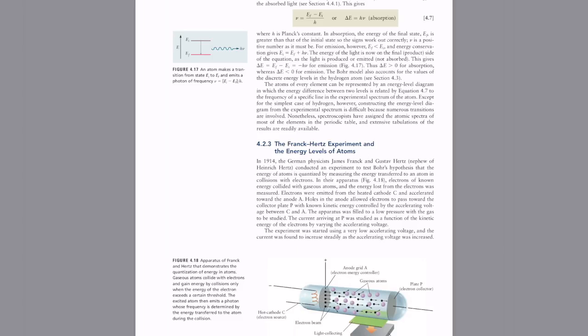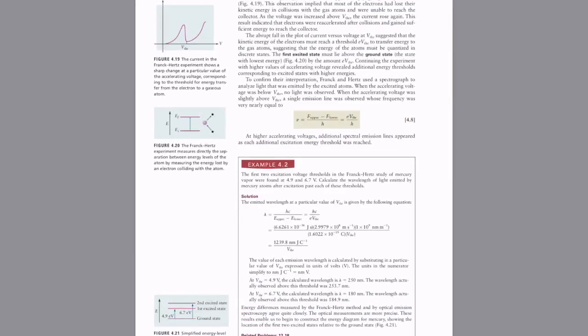Now, you may want to ask yourself, how is it that we know about the energy levels of atoms? Well, we know by two means. One is we have a way to look at absorption and emission of light in those lamps, as we saw a little bit earlier, but we also have this apparatus called the Franck-Hertz experiment.